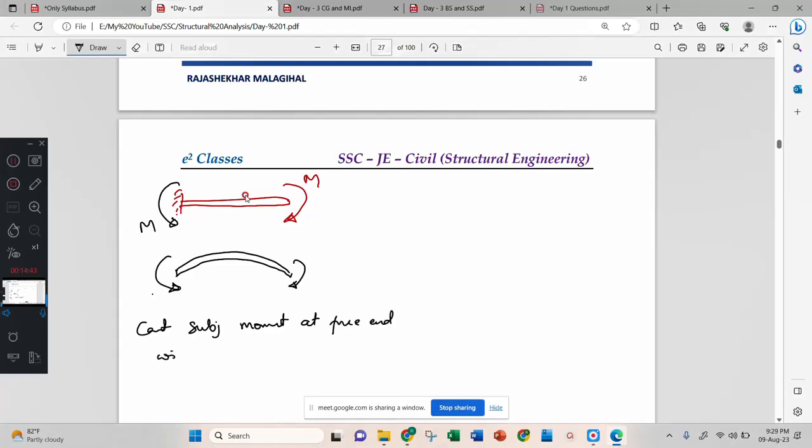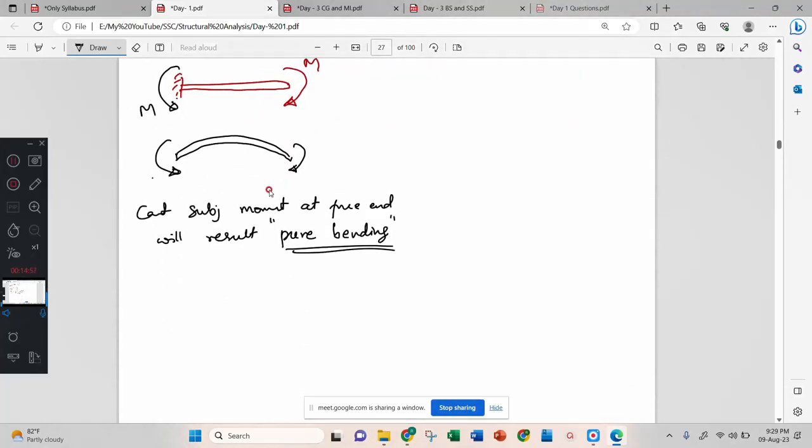will result in pure bending. Agree? Why is it called pure bending? Because in this diagram, if I draw the shear force diagram, there is no shear force.